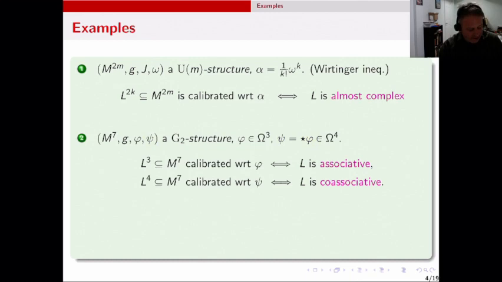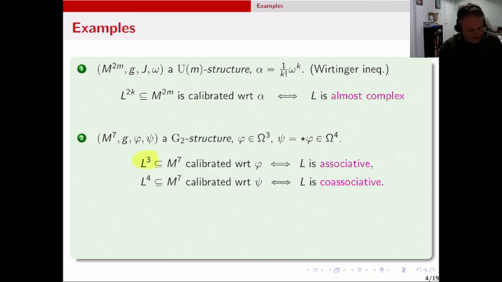So these are all oriented, and therefore since we have a metric and an orientation, we have a Hodge star, so we can define the Hodge star of phi, and this is called psi, which is the 4-form. And it turns out both phi and psi are calibrations. They have this comass 1 condition.